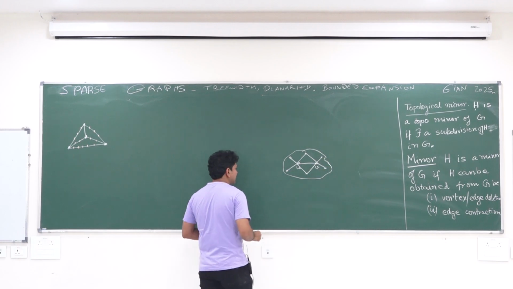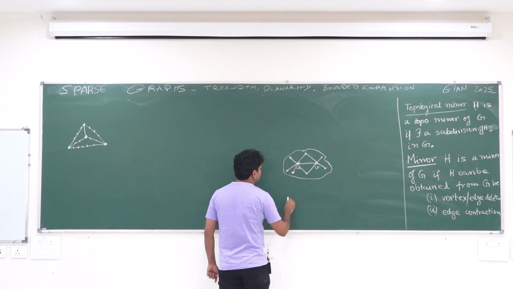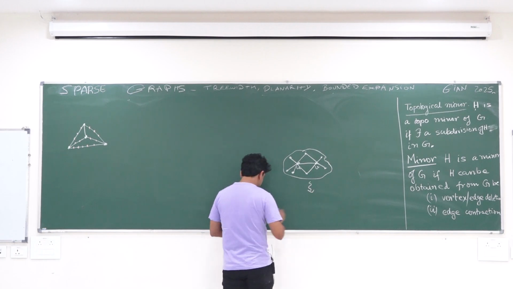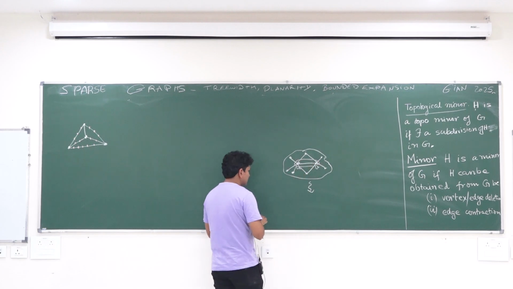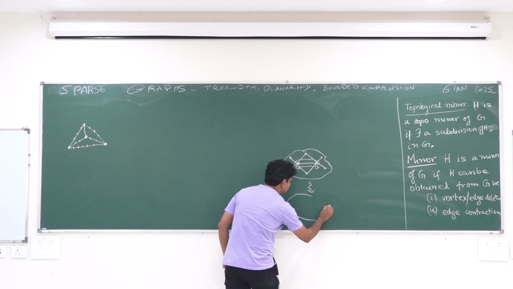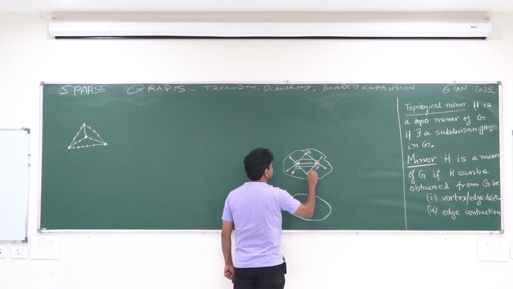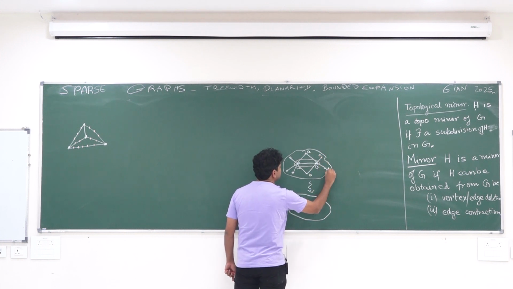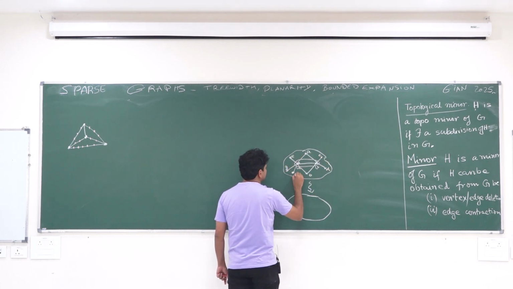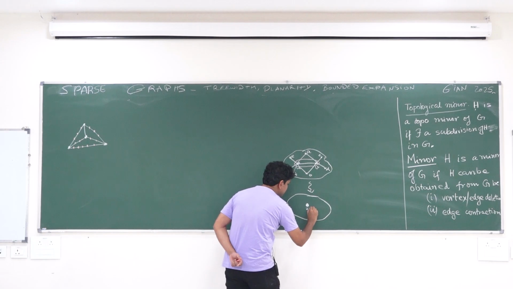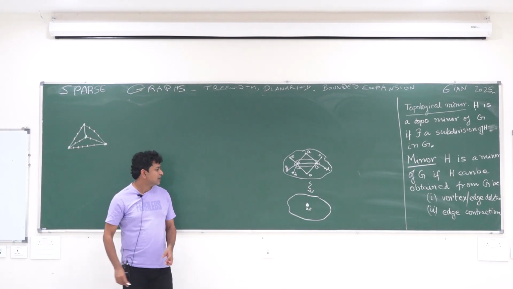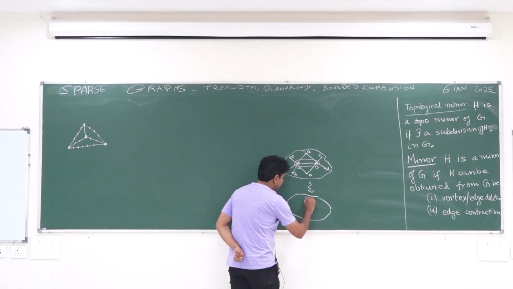If you contract this edge UV, I will replace this edge UV with a new vertex, we call it just UV, and then whatever the connections were, I will retain them.